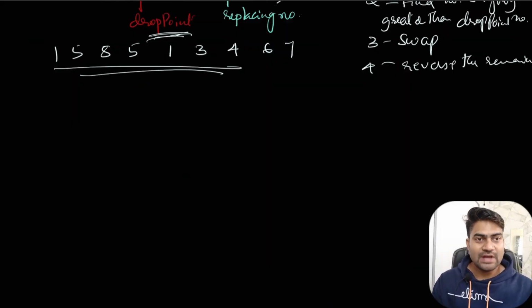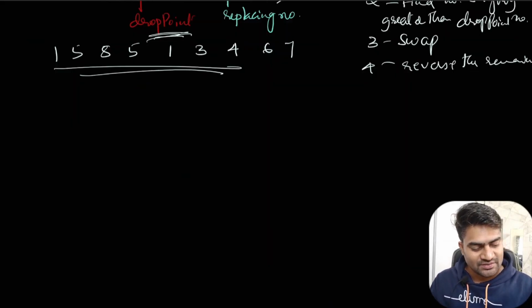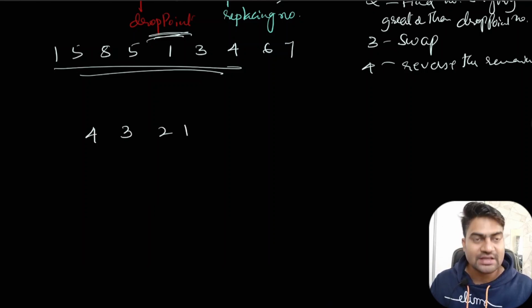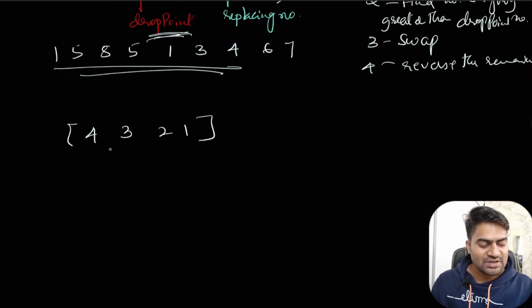So now assume there is a corner case where we have the given array something like this. So whatever the possible combinations you take, this becomes the maximum number, right? Why? Because the numbers are in descending order, correct, right?